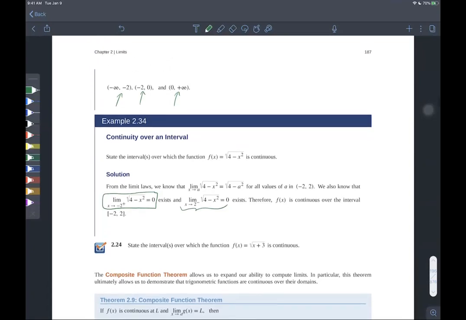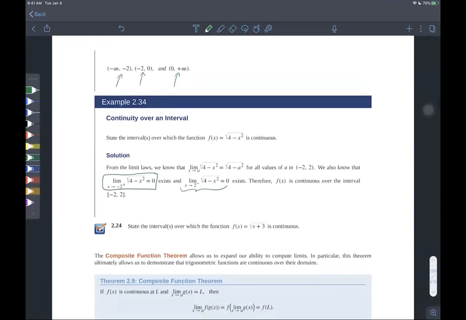Okay, so let's just summarize what we said. The first part, where the limit as x approaches a of the square root of 4 minus x squared, I don't know if we want to see all that again from when we did this before, but we said we could say, okay, using the limit laws, this is equal to the limit as x approaches a of 4 minus x squared.